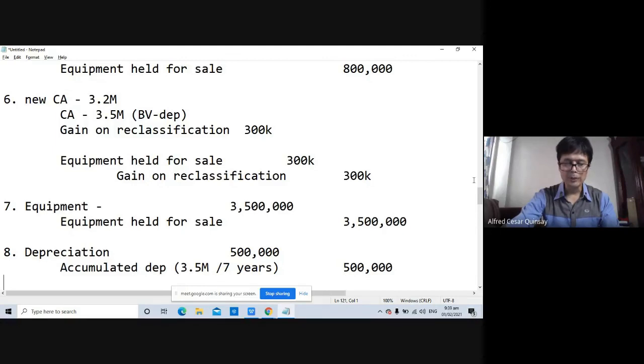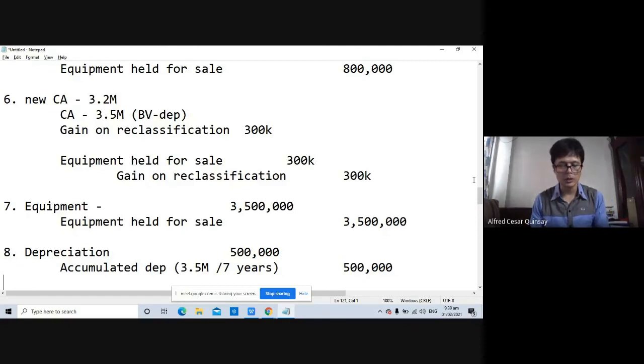So, yung pagka-classify ng asset from equipment to held for sale, hindi siya i-classify as current asset hanggat hindi nila namimit yung criteria na held for sale.